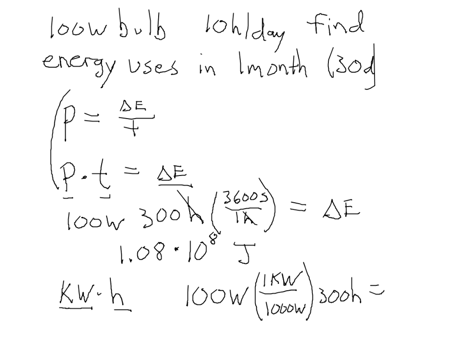And that's it. 100 watts divided by 1,000 watts per kilowatt times 300 hours. So that gives you 30. 30 kilowatt hours is the amount of energy that our light bulb uses in a month. Now that's a much more convenient unit. If you get a bill for 30 kilowatt hours, that's not nearly as confusing as for 108 million joules.